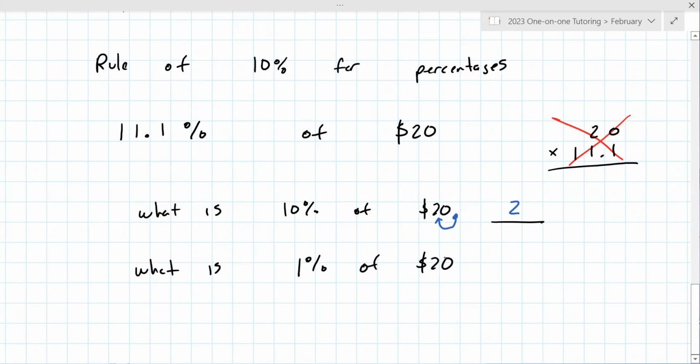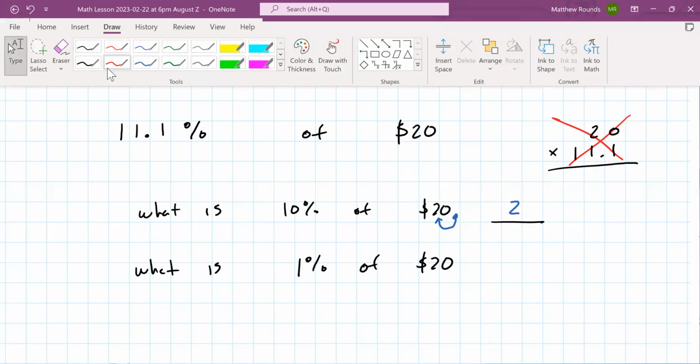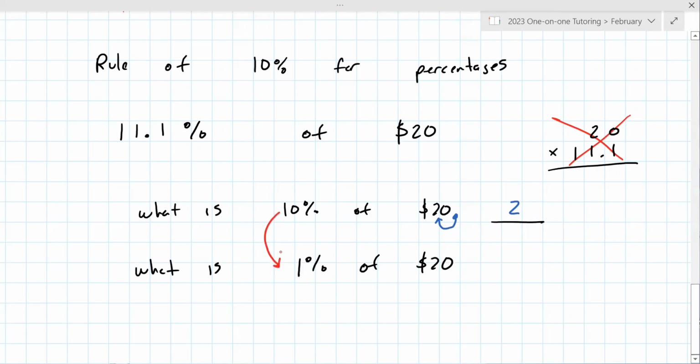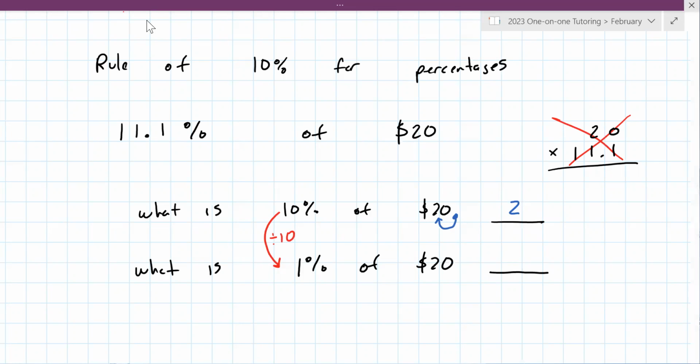The reason I'm asking 1% is because it's 11% here. But the question for you is how do you go from 10 to 1, and it's either multiply or divide? What do you divide 10 by? You would divide 10 by 10. And so now we're going to divide this 2 over here on the right by 10.